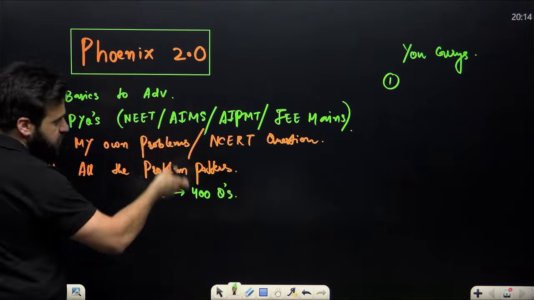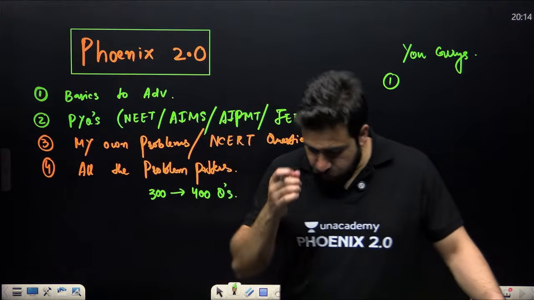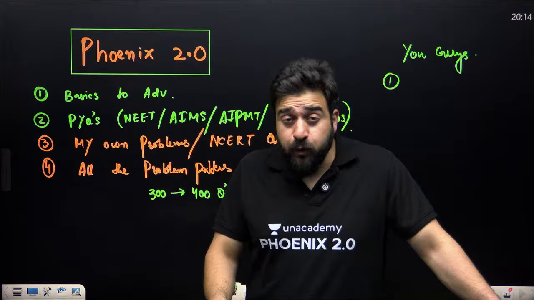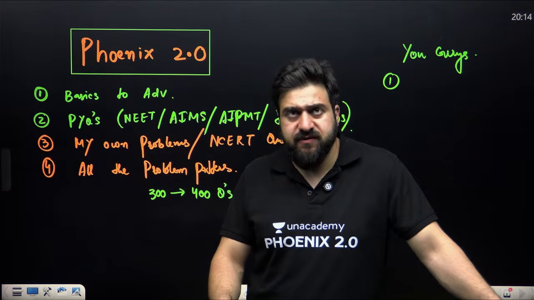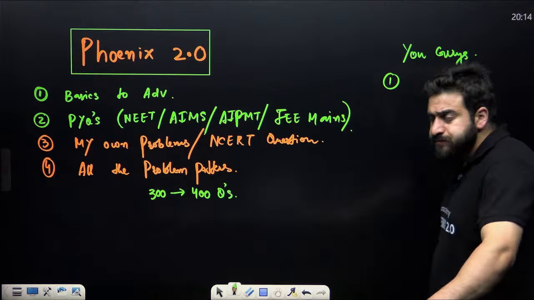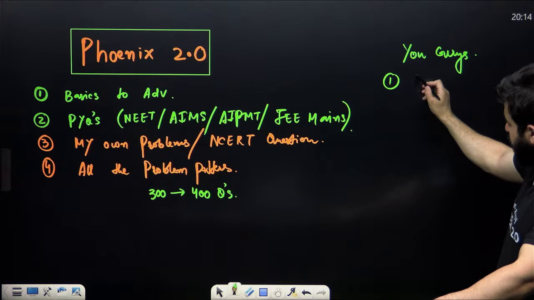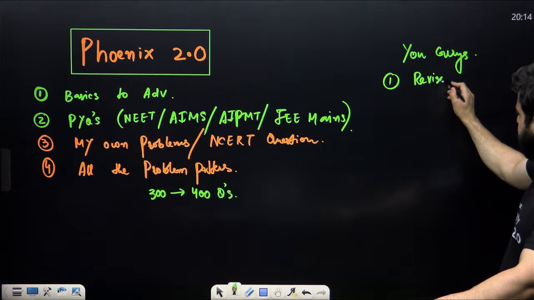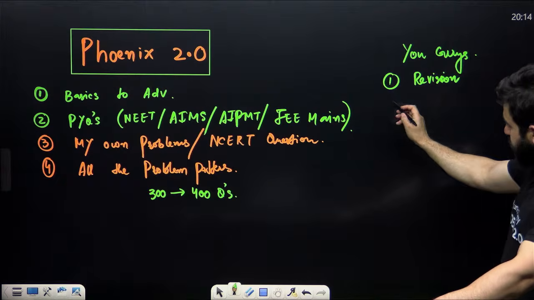Sir, if I do this much, is it possible for me to get 180 out of 180? 100%. If not 180, 170 is confirmed. And what you guys are supposed to do is revision of these problems every single day.